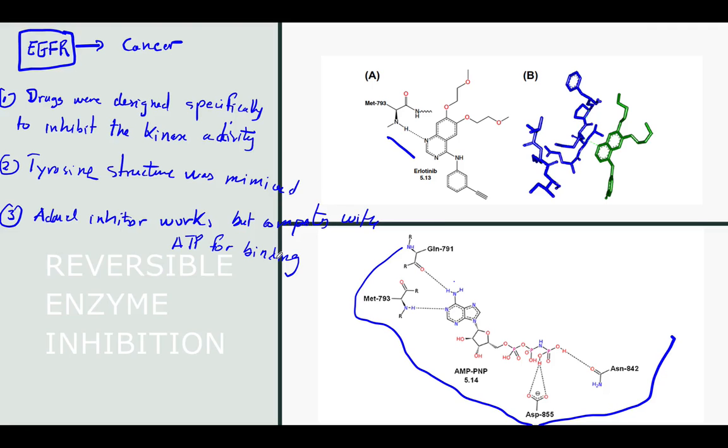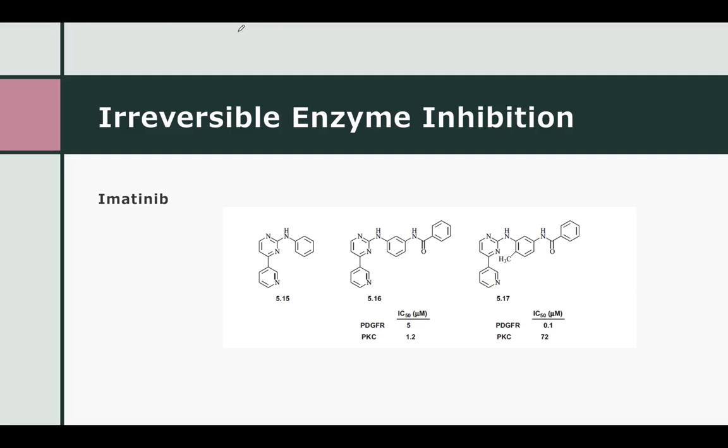Okay, enzyme, substrate, and ATP complex. And so these EGFRs are still good targets for conditions such as cancer. And I have another example here that I want to show, but it's another kinase. So I'll give you another example of another kinase, and I think that will be enough for this lecture.